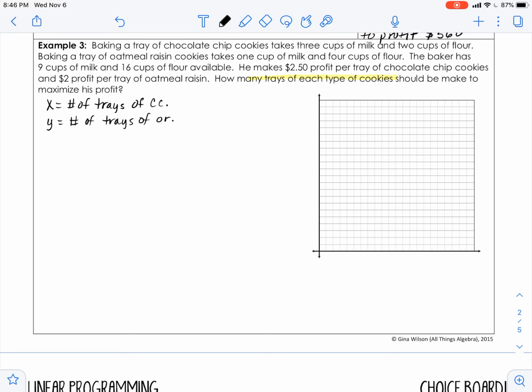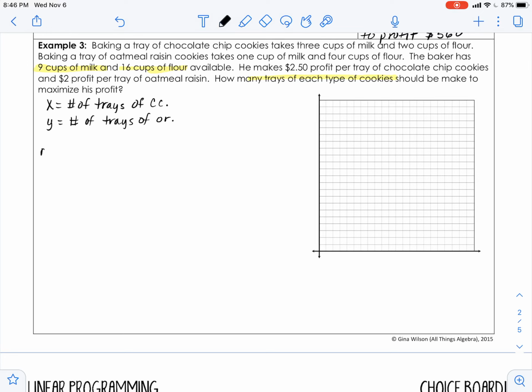So let's look at what we've got. Chocolate chips, now this is the number of trays of chocolate chips, so we're going to have to be a little careful here. Yeah, so when I look at this, guys, right here it says I have 9 cups of milk, 16 cups of flour.